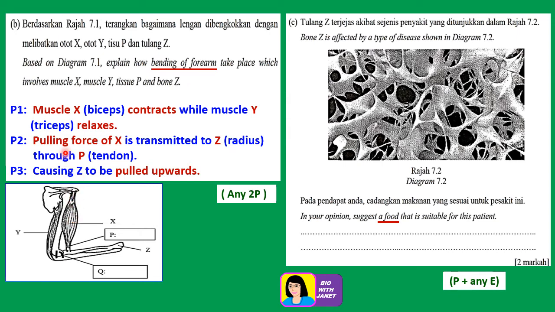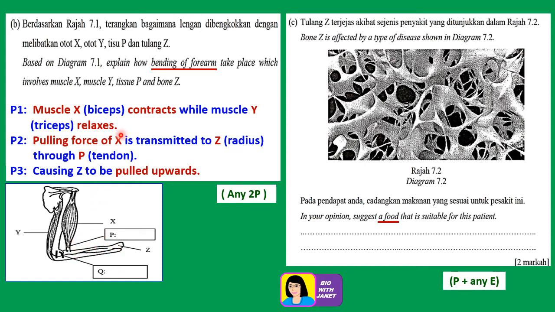Then when it contracts, there's a pulling force, but it has to be transmitted to P, the tendon, all right? Because when it contracts, it will shorten, so it will pull P upwards, and P will pull the bone Z upwards also.